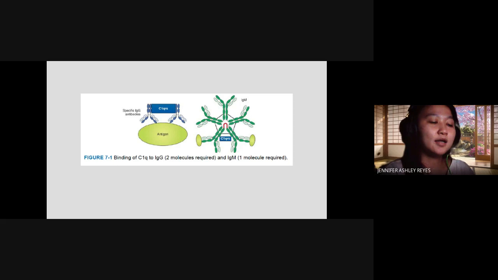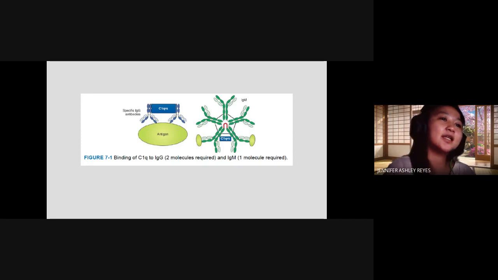Ang kaya lang is IgG1, 2, and 3. So, out of the 3 types of IgG na kayang mag-trigger ng classical pathway, ang best elucidator ng classical pathway, si IgG3.